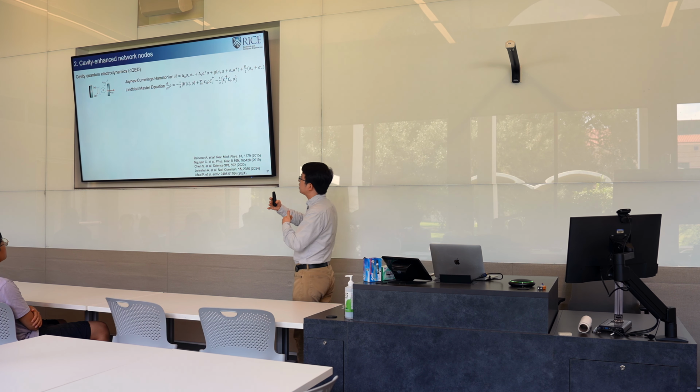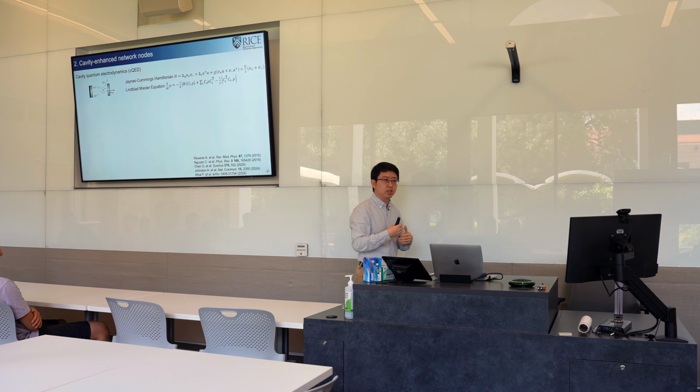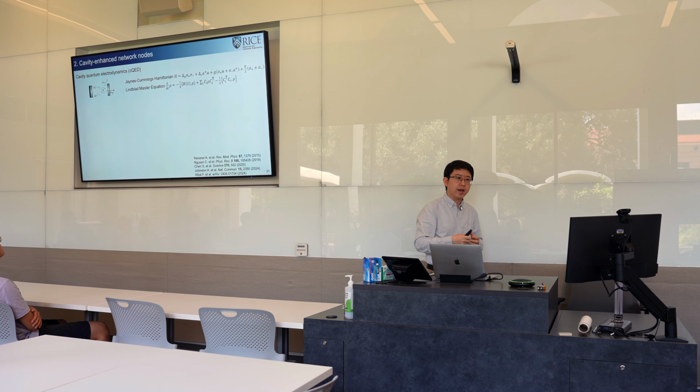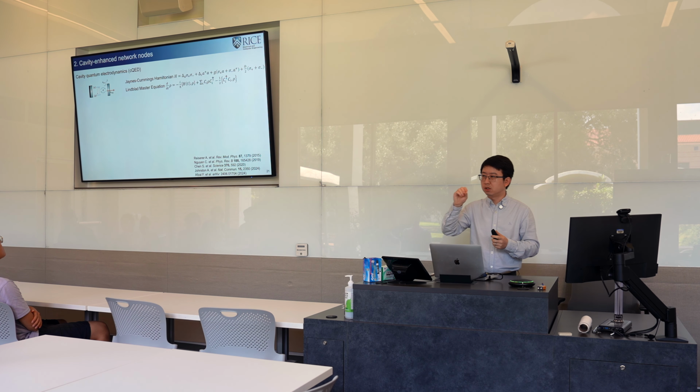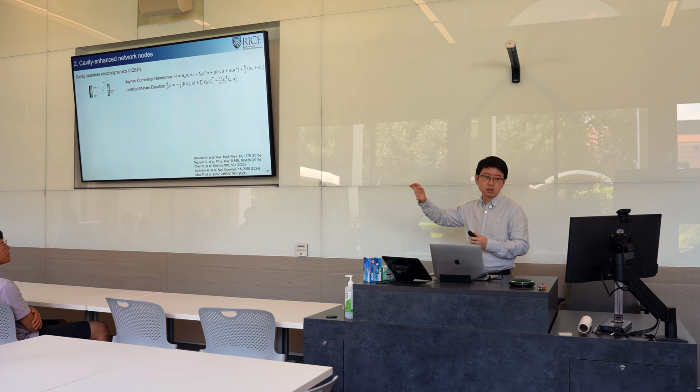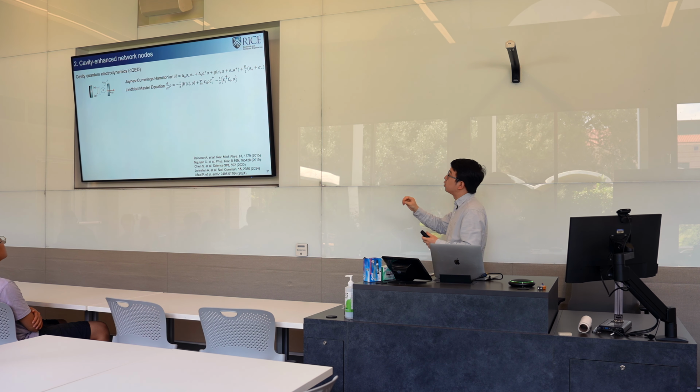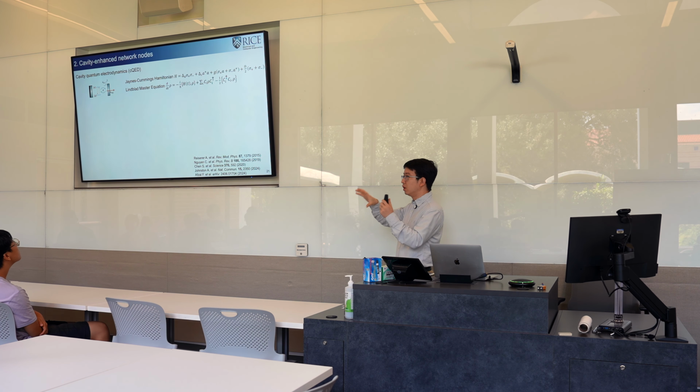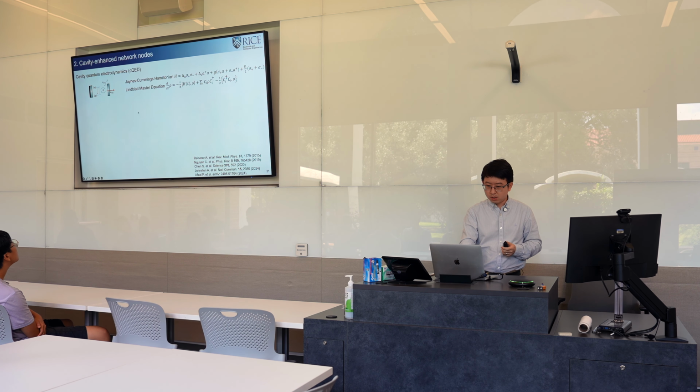If you have a two-level system in a single-mode cavity, you can describe it using this Jaynes-Cummings model, where you have the energy from the atom, the energy from the cavity, and also the interaction between the atom and the cavity. That's the term g here.